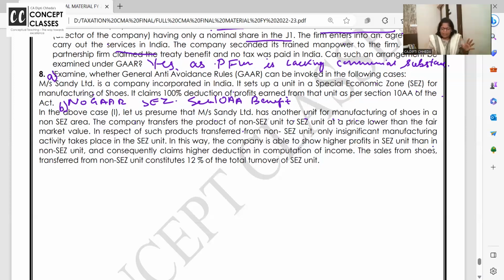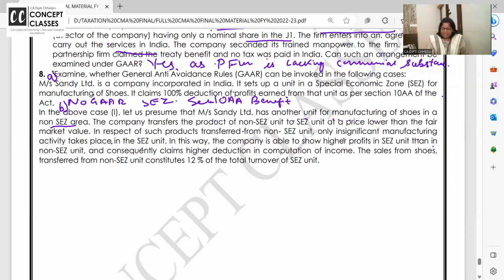मतलब आपका पूरा मैन्युफैक्चरिंग हो रहा है नॉन SEZ और फिर you are transferring the stock to SEZ at lower than the FMV. तो फिर नॉन SEZ को टैक्स ना लगे. In respect of such product transfer, only insignificant manufacturing activity takes place.